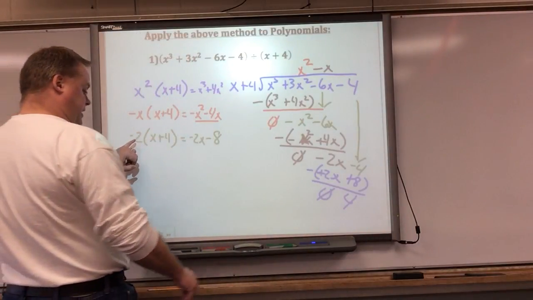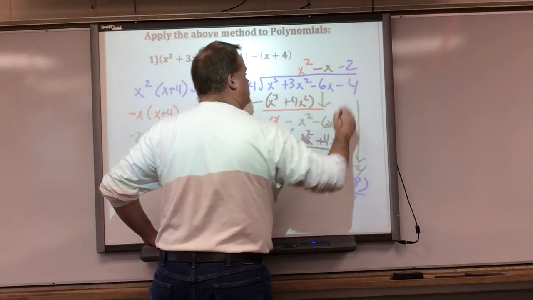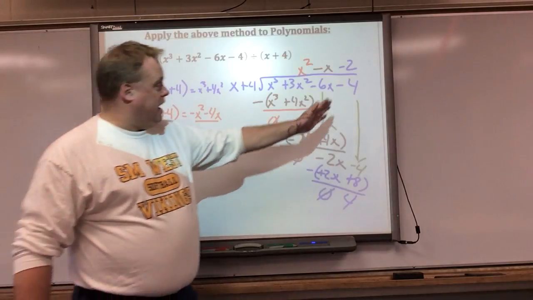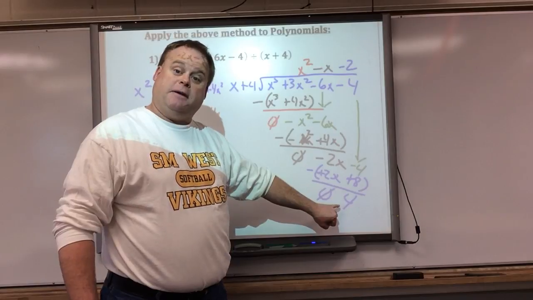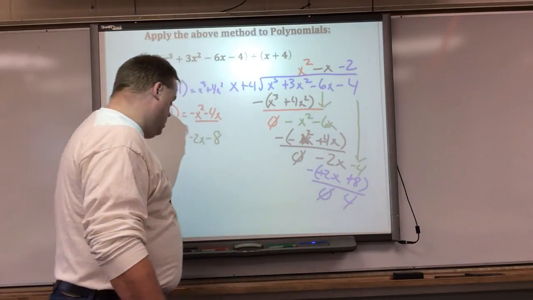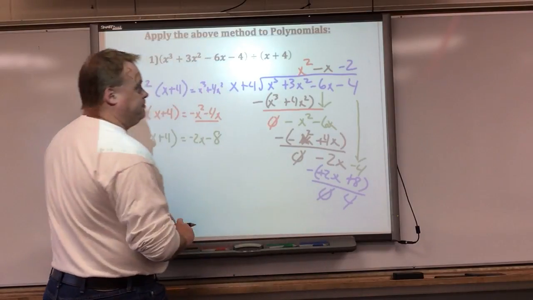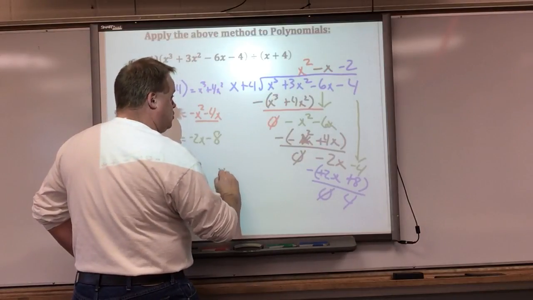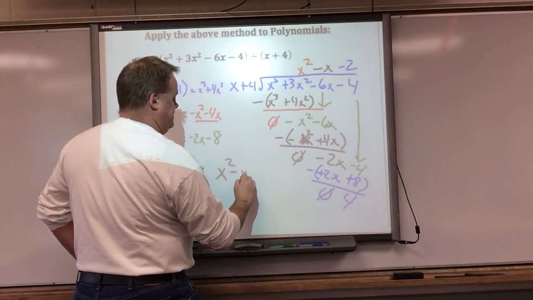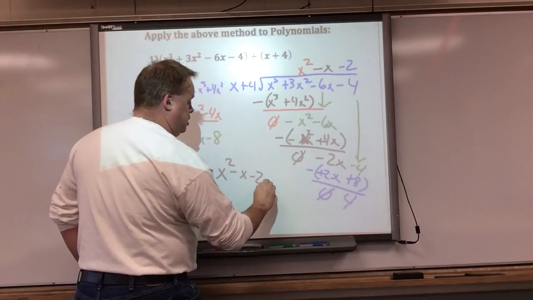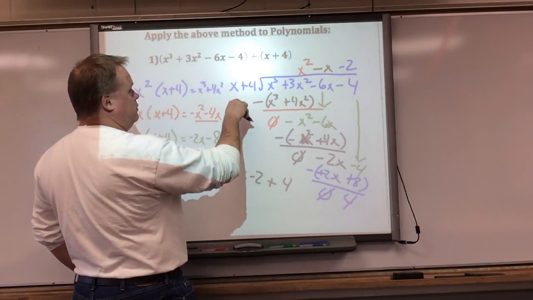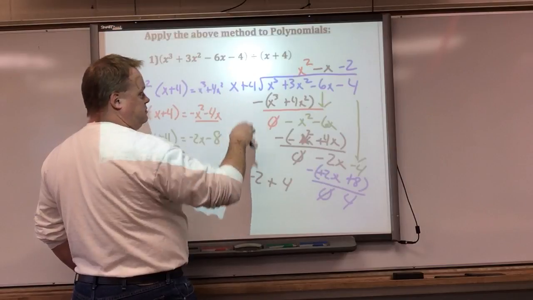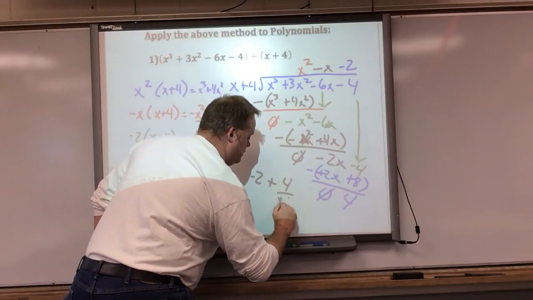So up top, I needed to go ahead and write my negative 2 up top. I've already used my last term. This is my remainder. It's a positive 4, so it's my remainder. So here goes my answer. X squared minus x minus 2 plus, because this is a positive 4, over my divisor, x plus 4.